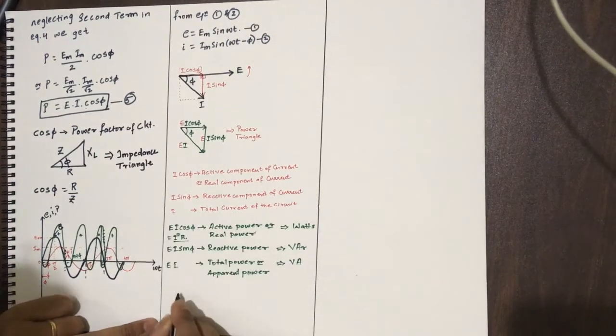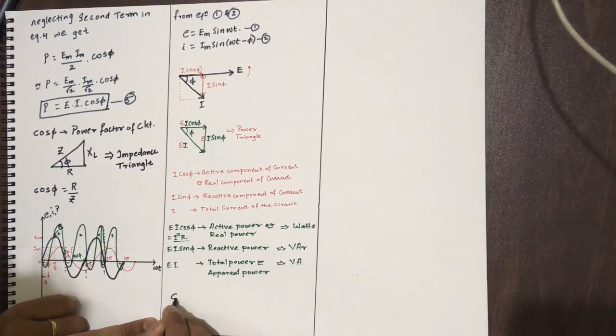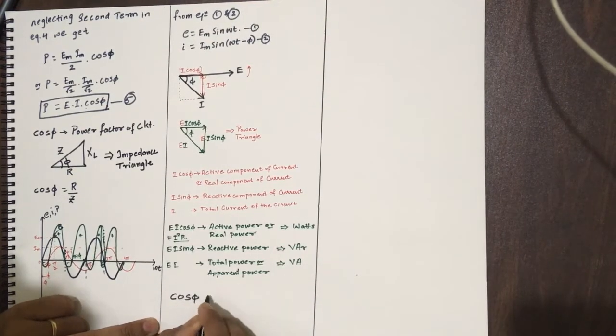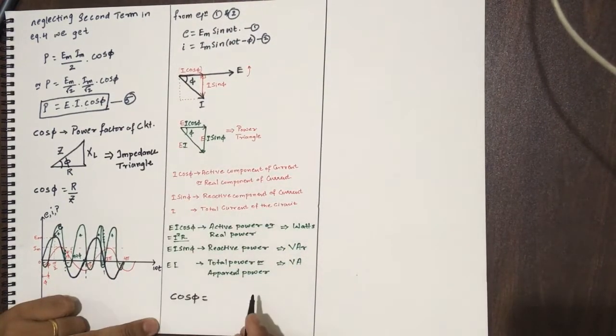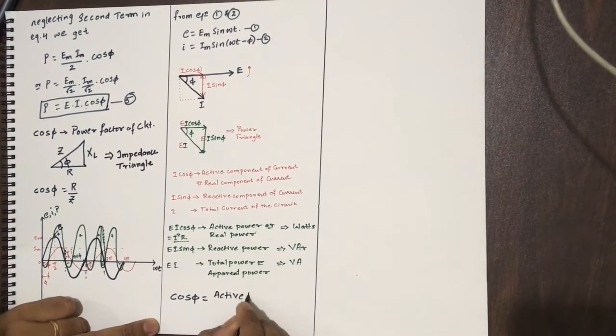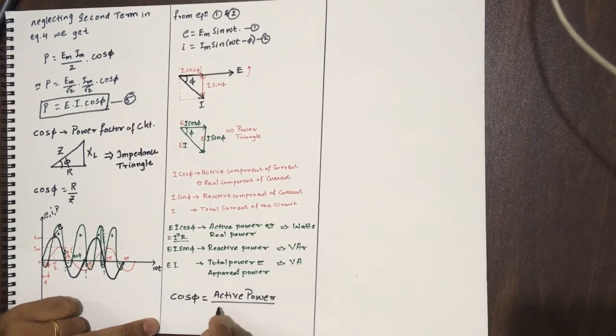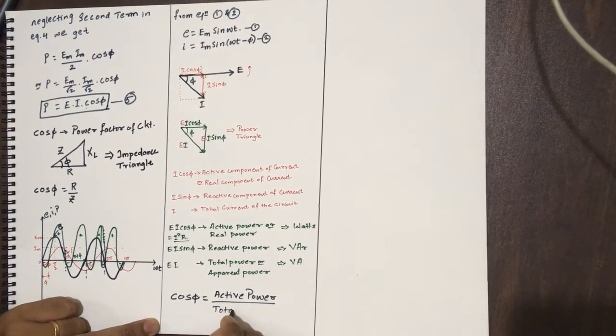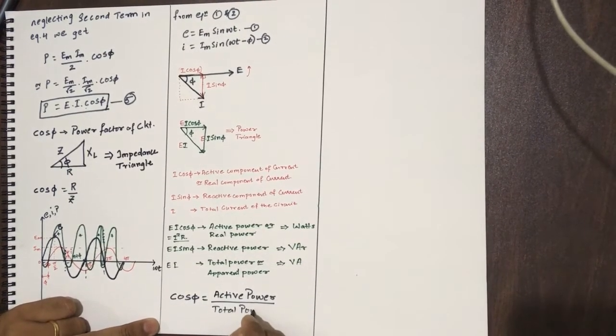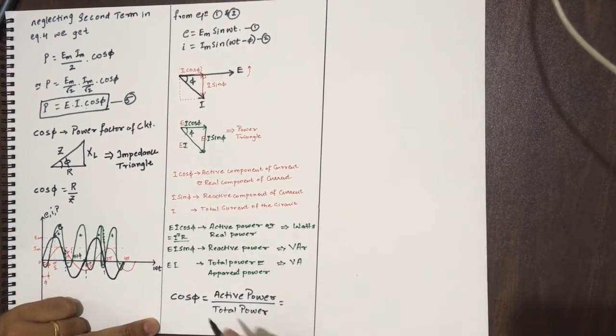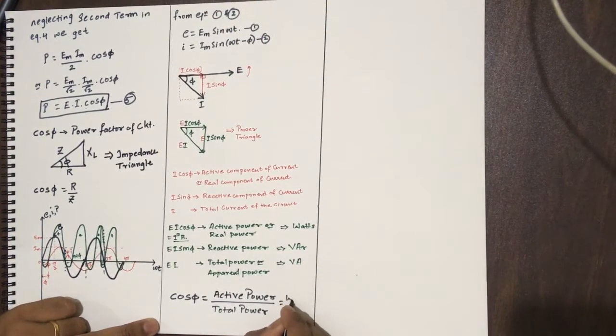From this power triangle I can write power factor is equal to cos phi is equal to active power upon total power, or it is watts divided by volt amperes.